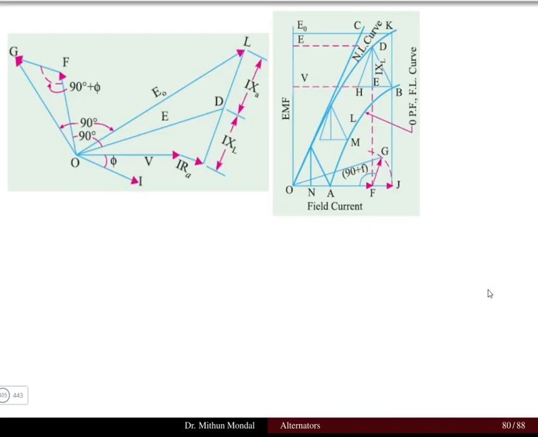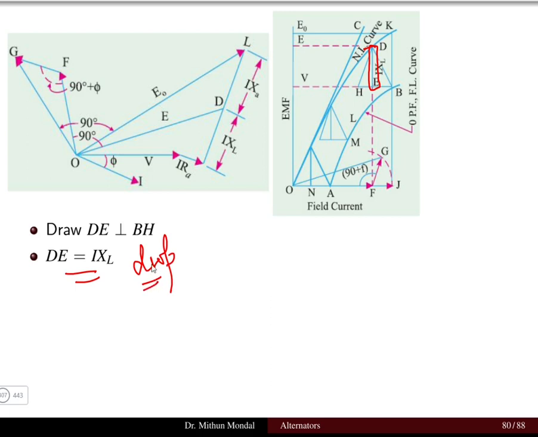Then from the point D we draw DE which is perpendicular to BH. Then DE represents the drop due to the leakage reactance. So this IXL is basically the drop due to the leakage reactance of the machine.